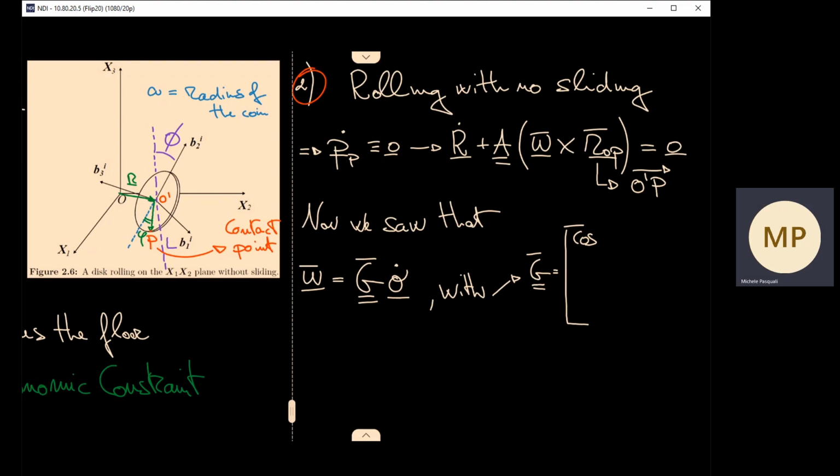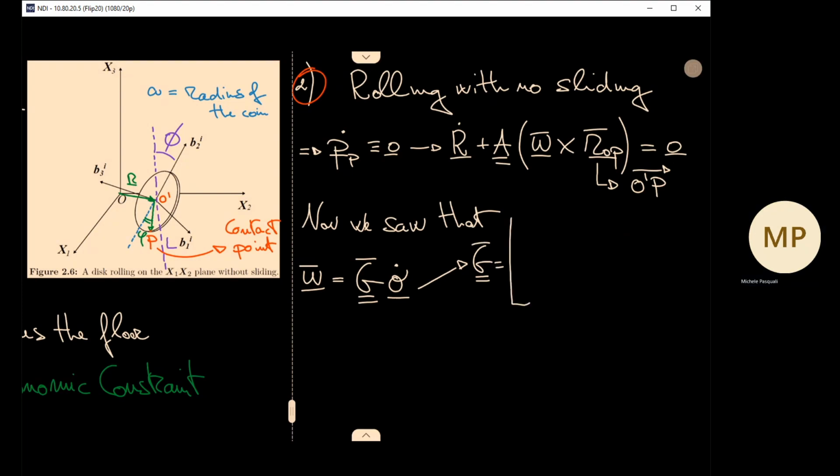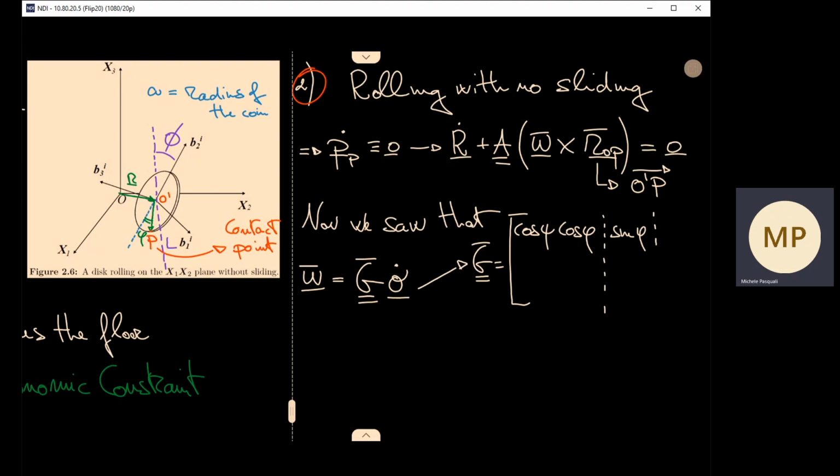Since here we are characterizing a rotation of these triangles about the axis B3, we can already say that this has the following form: cosine of psi, cosine of phi, sine of phi, 0.